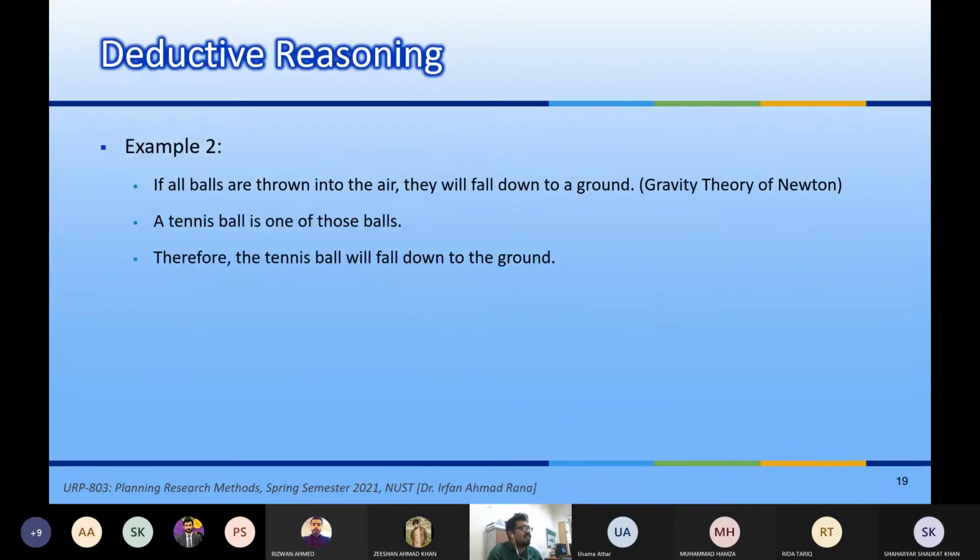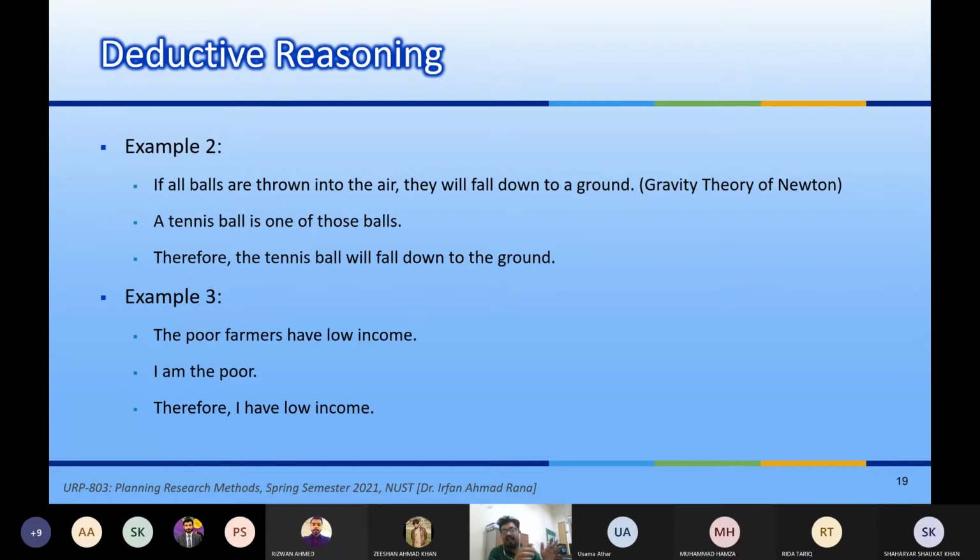Another way of understanding this is that everything falls down to the ground. Different kinds of objects will fall to the ground, and a tennis ball is also one kind of object, so it will also fall down. That can easily be deduced from the current findings.